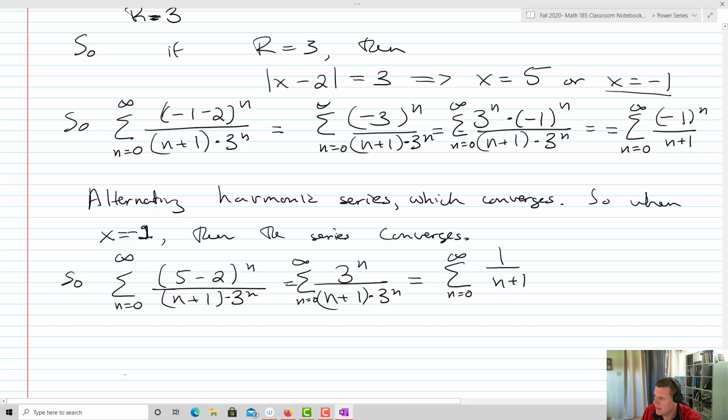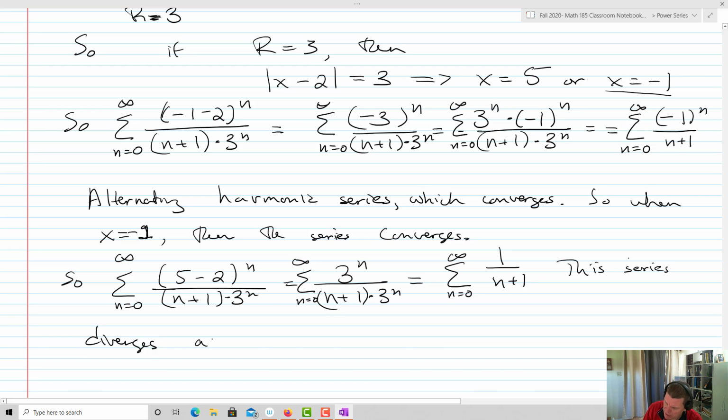This series, on the other hand, diverges, because what we're basically looking at is a harmonic series, the regular harmonic series.